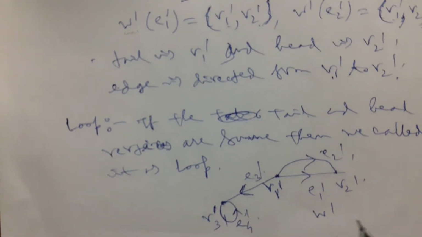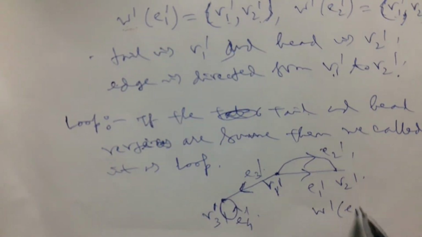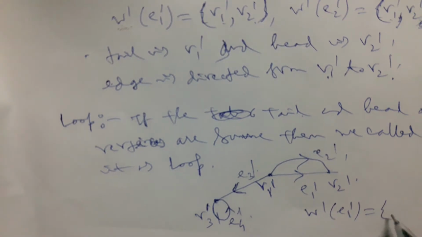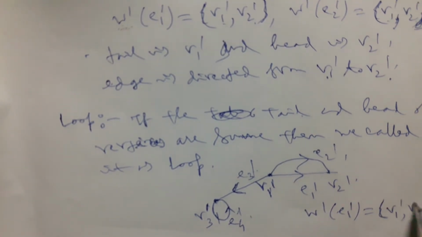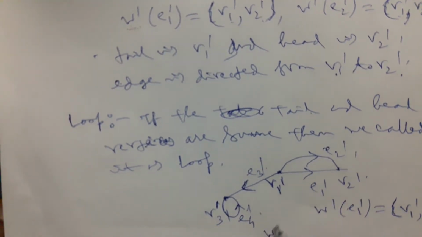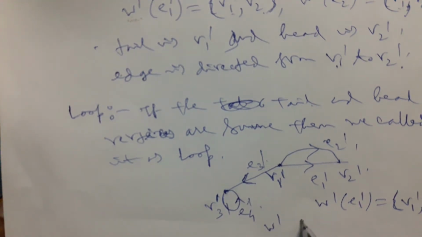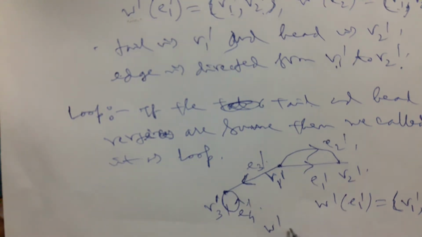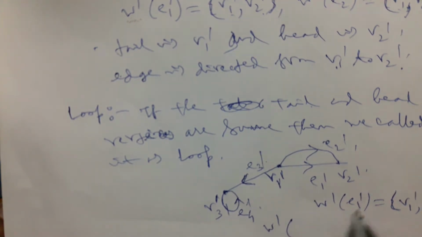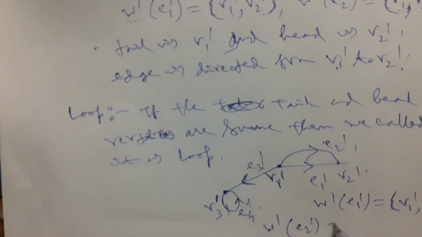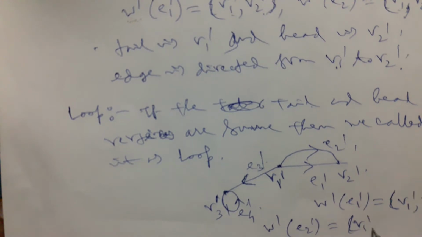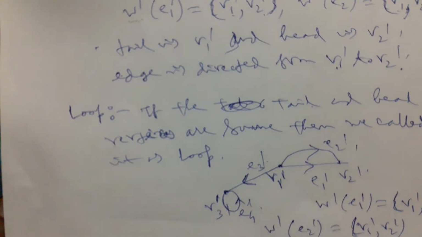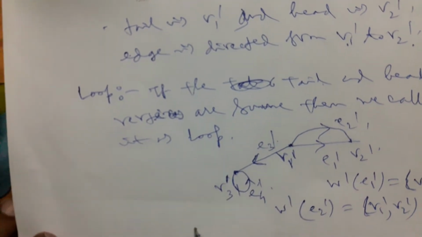So the incidence function is omega dash. Omega dash of e1 dash is V1 dash V2 dash, and omega dash of e2 dash is also V1 dash and V2 dash, so these are parallel edges.